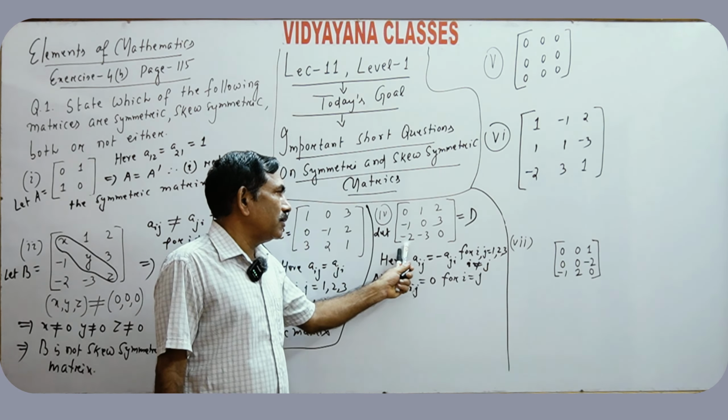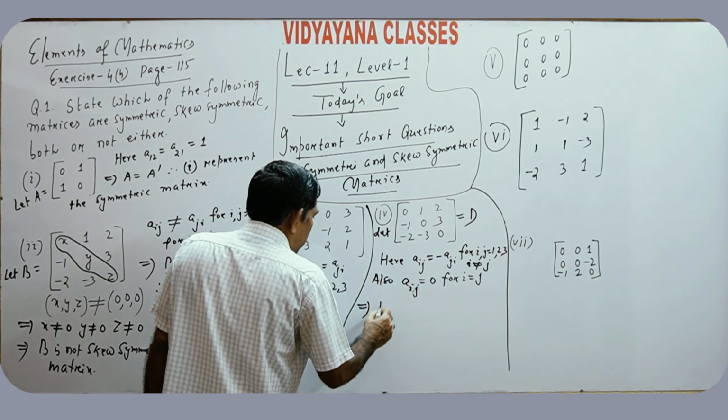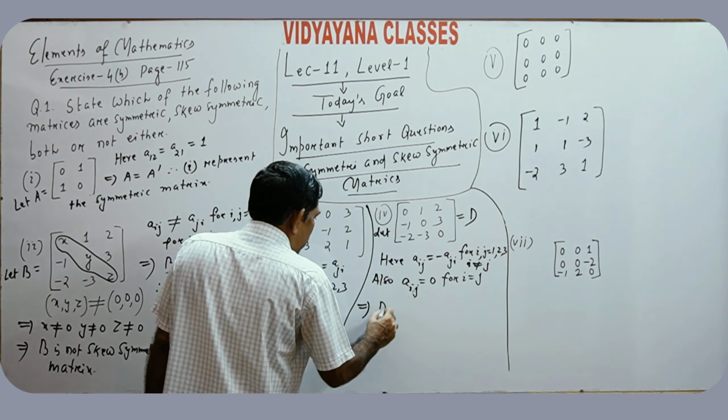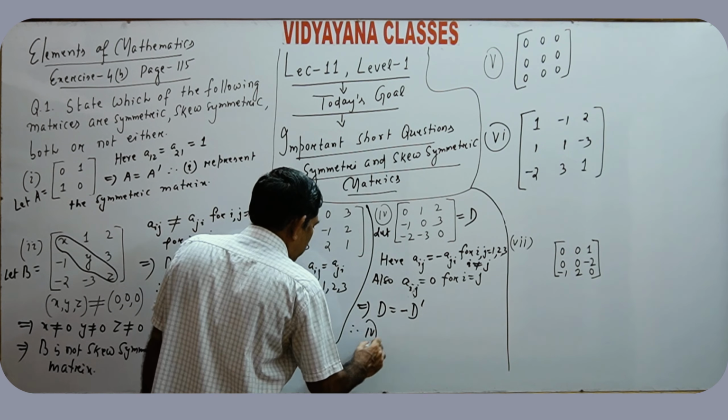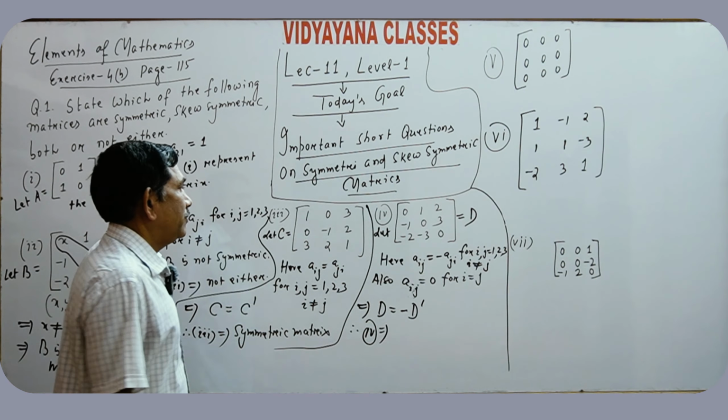It is the definition of skew symmetric matrix. This implies D is equal to negative of D dash. Therefore, the fourth bit implies skew symmetric matrix. Here D is equal to minus of D dash.